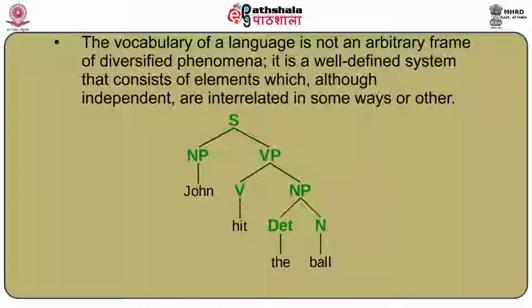The vocabulary of a language is not an arbitrary frame of diversified phenomena. Rather, it is a well-defined system that consists of elements which, although independent, are interrelated in some way or other to others.